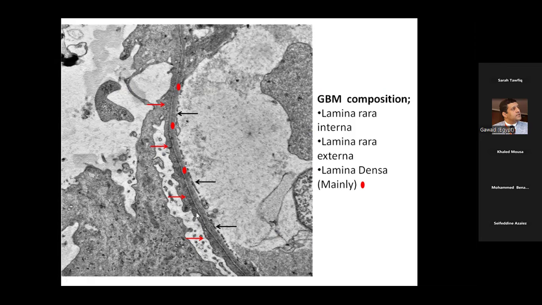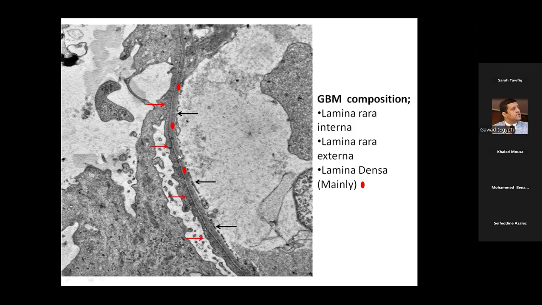Right now, you have seen the finger-like projections of the podocyte. Here, you cannot see these finger-like projections. They are absent and replaced by this continuous layer of cytoplasm. This is the podocyte effaced processes.